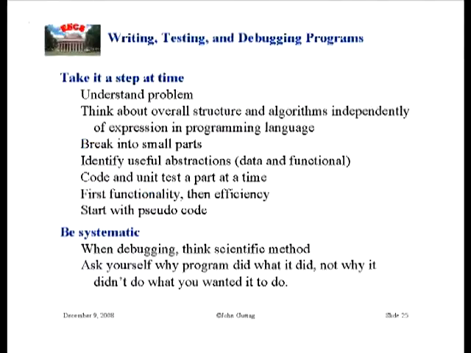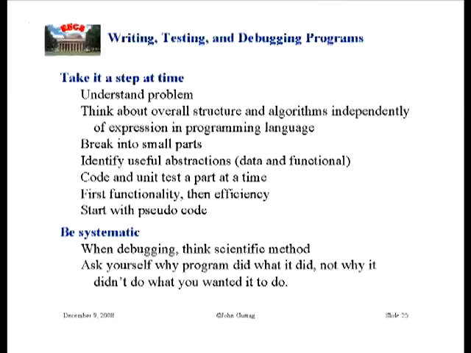We talked about writing, testing, and debugging programs. And if I had one message I want you to remember about all of this, it's be slow. Slow down, take it one step at a time. Take your time and be methodical, systematic, and careful.